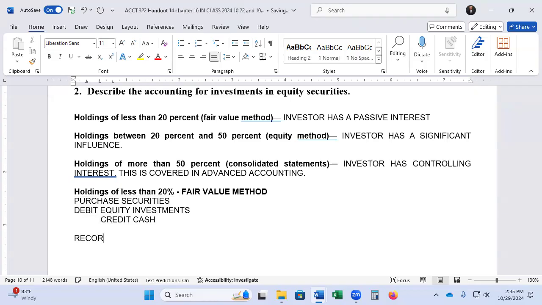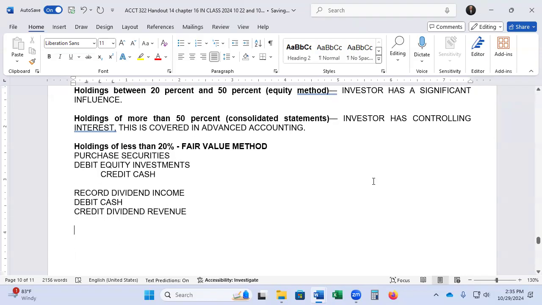When we record dividend income, we debit cash and then credit dividend revenue. Now, not all stocks pay dividends, so some you'll never have dividend revenue from, but the ones that do, that's how you record it.